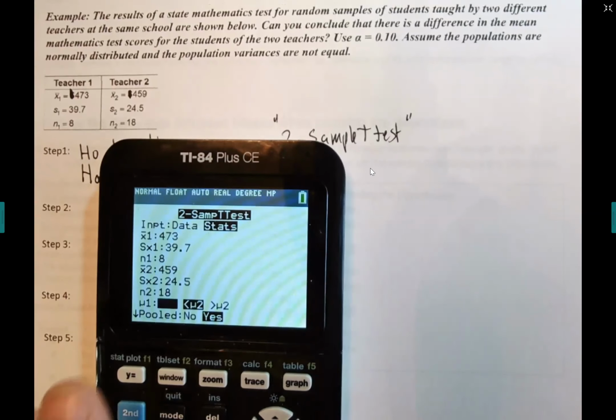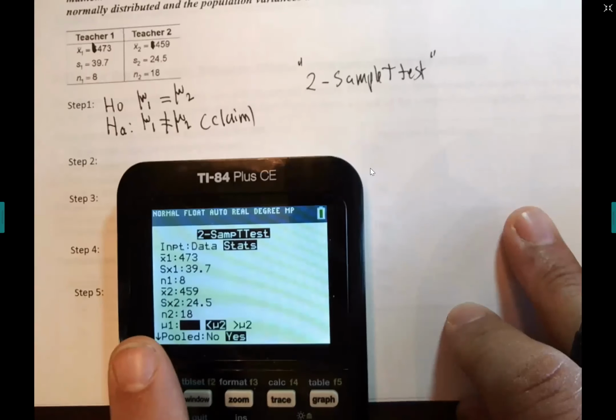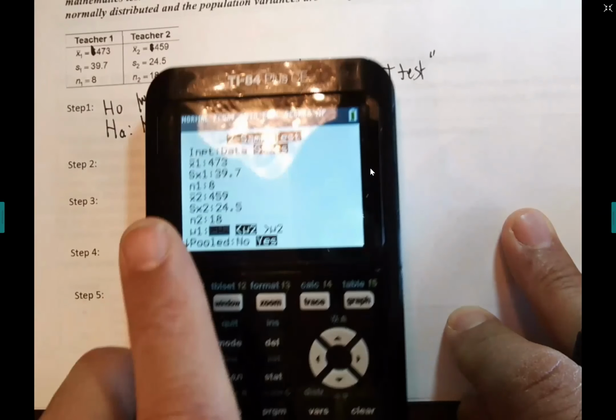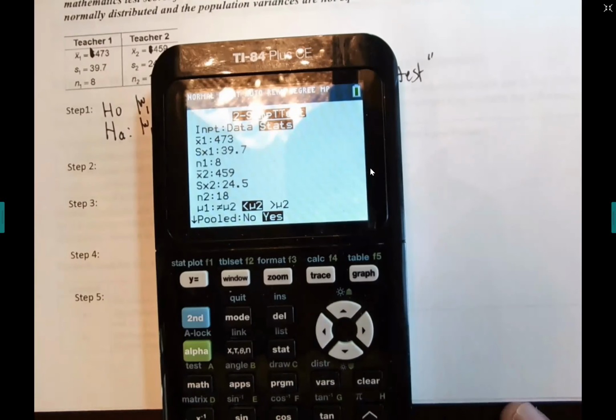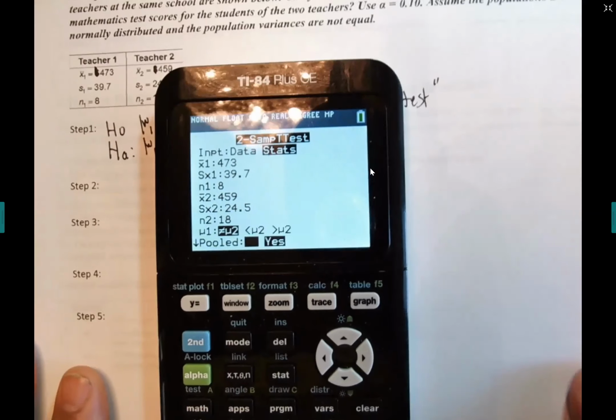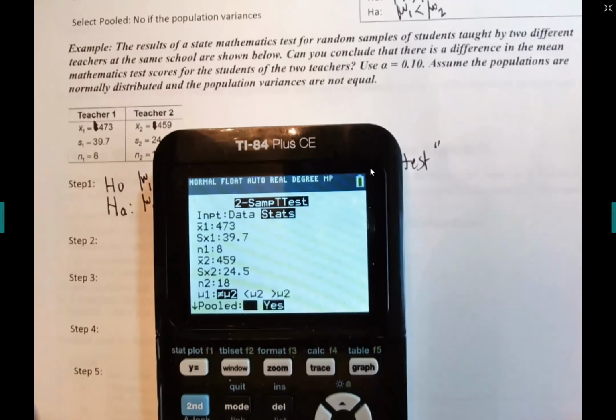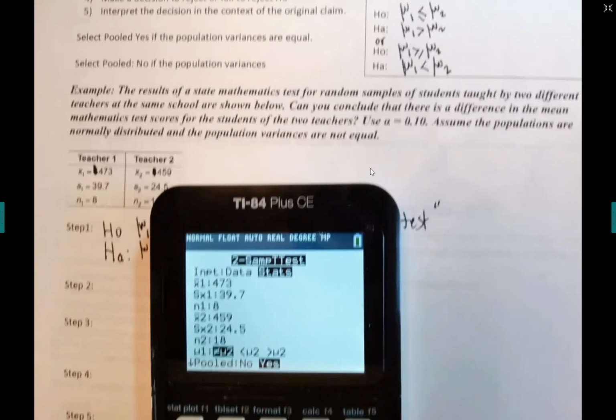We need the alternative hypothesis here. The alternative, guys, you agree it's different from. Okay, here. Now we're gonna answer this question. It's asking you pooled, yes or no. Look what I said here.